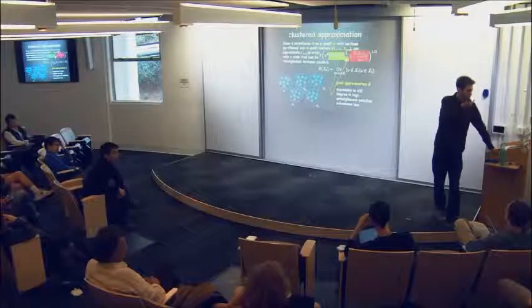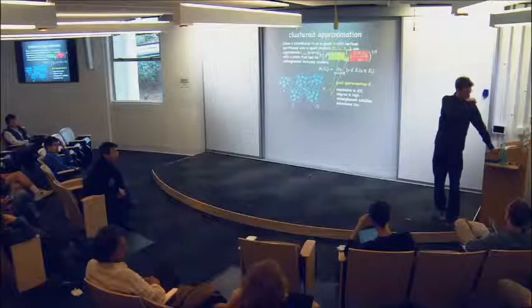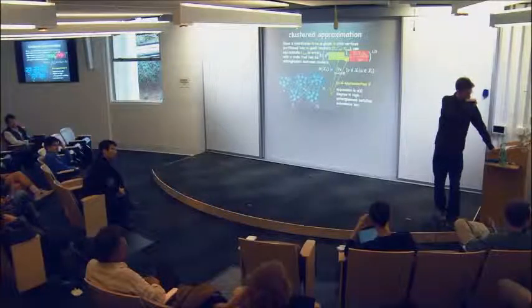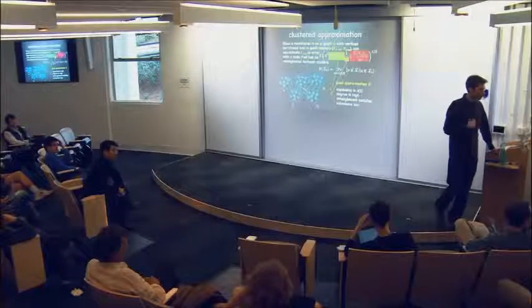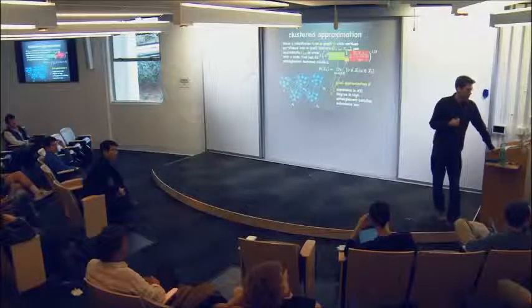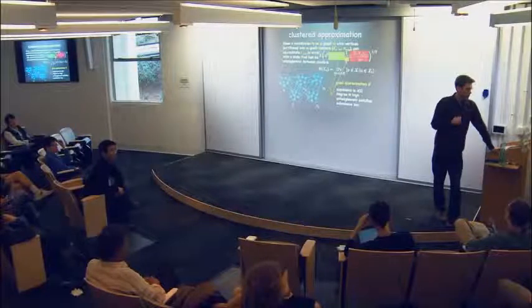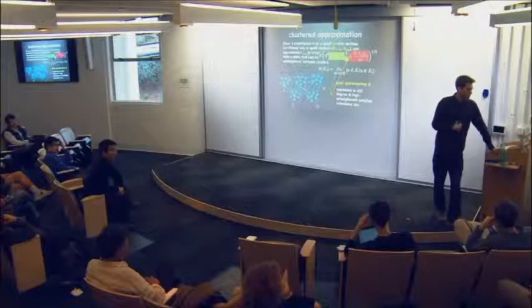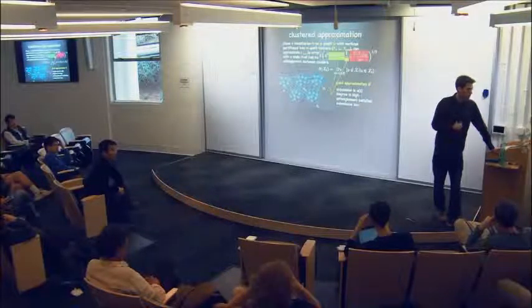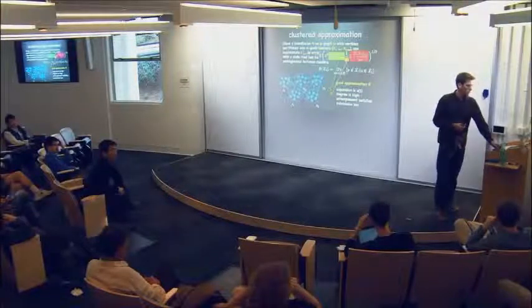But that's when the quantum effects kick in. If the ground energy is close to 1 or some kind of constant, that's when your approximation says something, and then the system looks pretty much classical, because you can approximate with a product state.